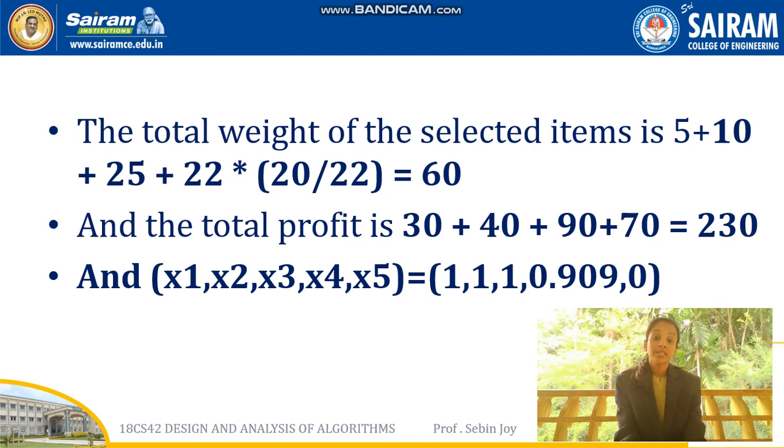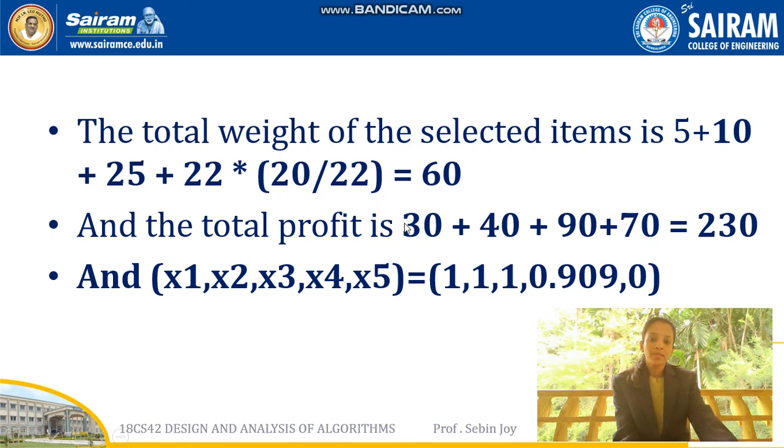If in case one item is not able to be put completely into the knapsack, we will find the ratio. How will we find the ratio? RC by Wi we will calculate. Accordingly, we will find the profit and the remaining capacity. Then at the end, you have to fill these two values compulsorily: the total profit and the fraction of the items taken to fill the knapsack.